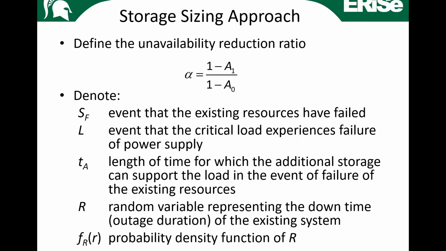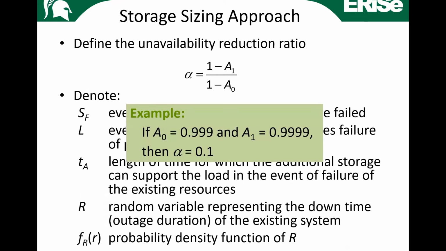So first we define the unavailability reduction ratio. And here's an example to give you a feel for this. Reliability is often talked about in the industry using nines. So this probability is called 3 nines, and this is called 4 nines reliability. So if you want to go from 3 nines to 4 nines, then alpha is 0.1.